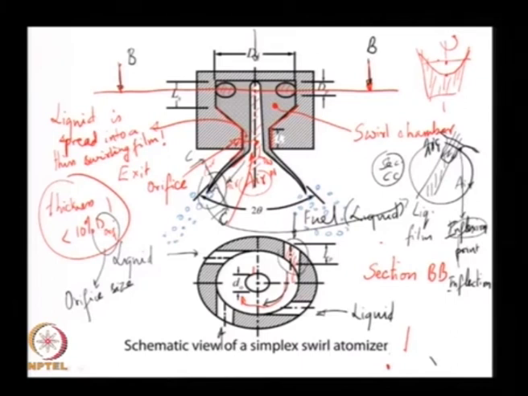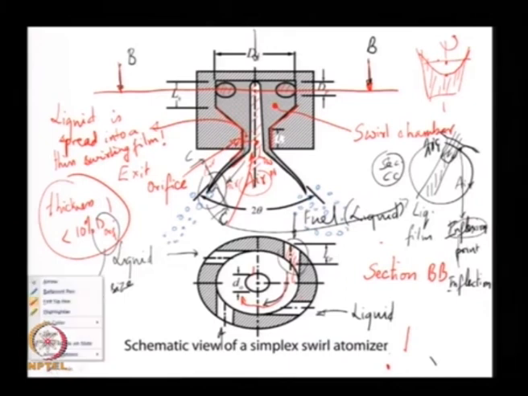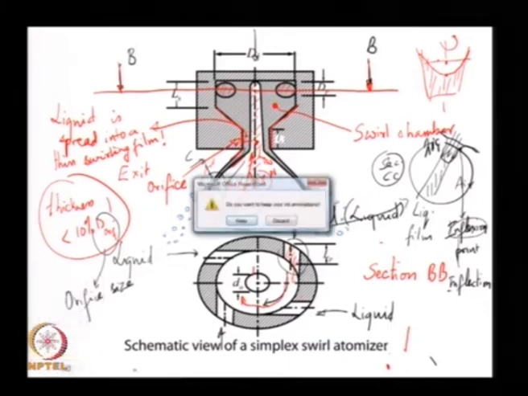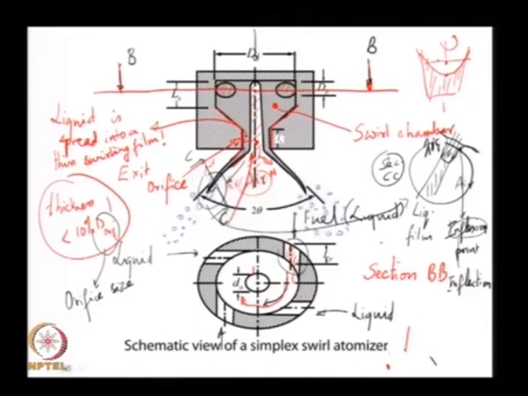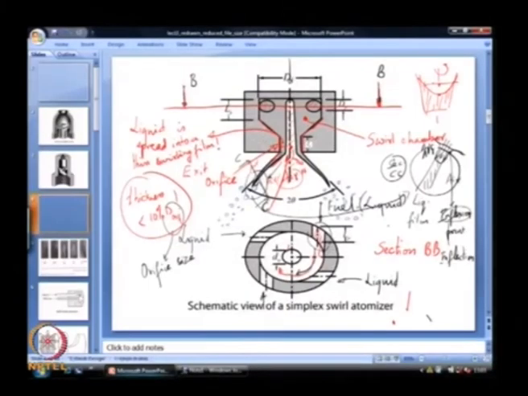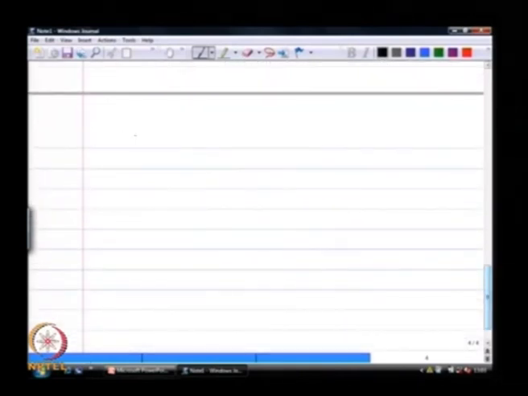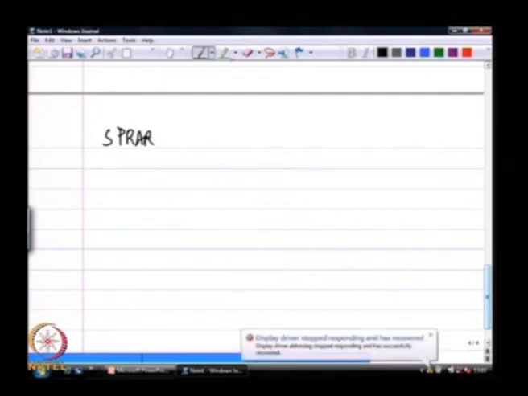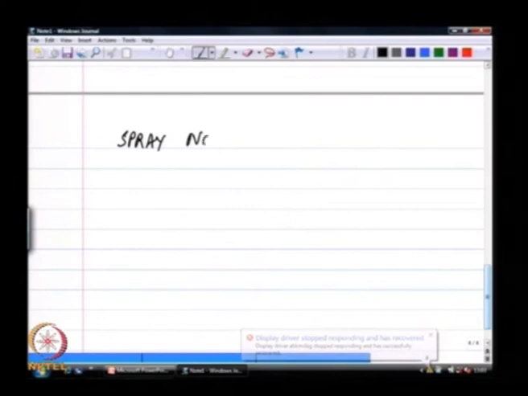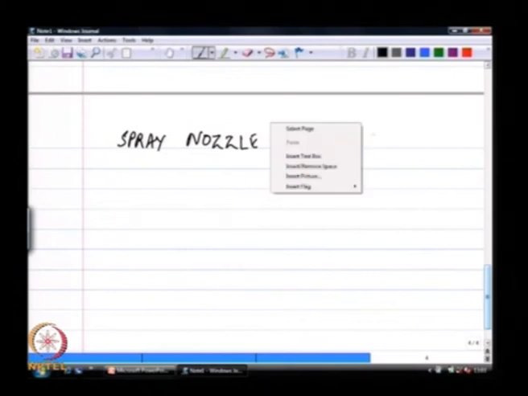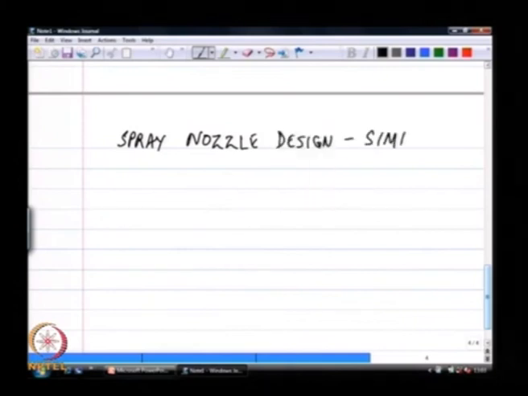Let us say I take a further section downstream. We are still talking about the simplex nozzle design.